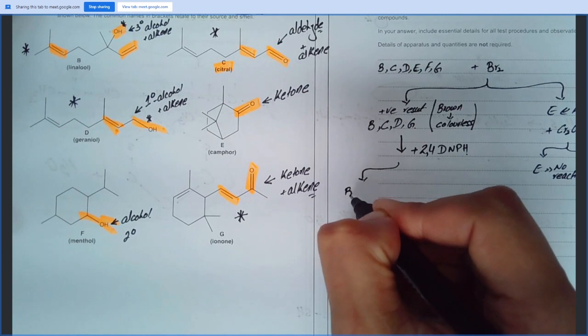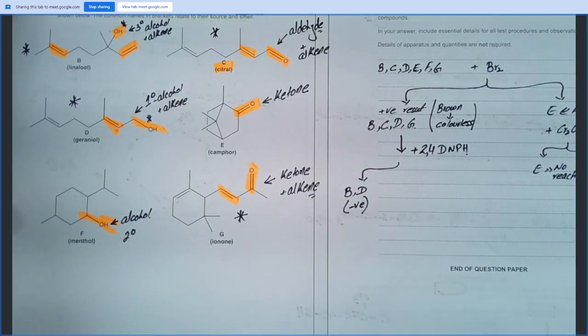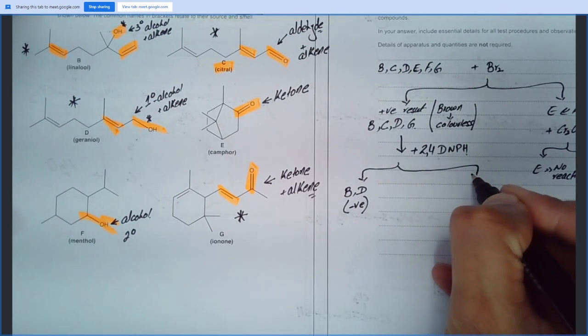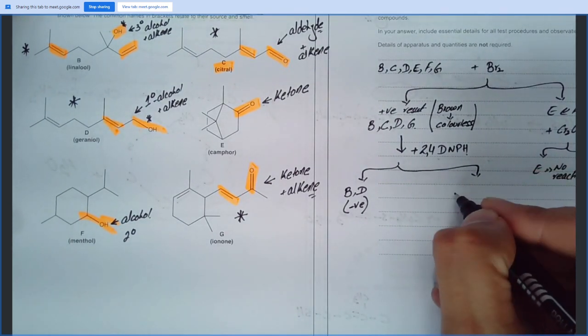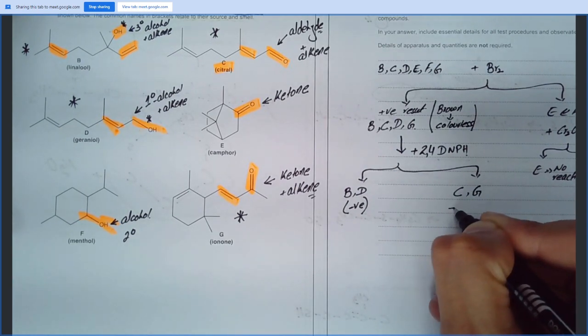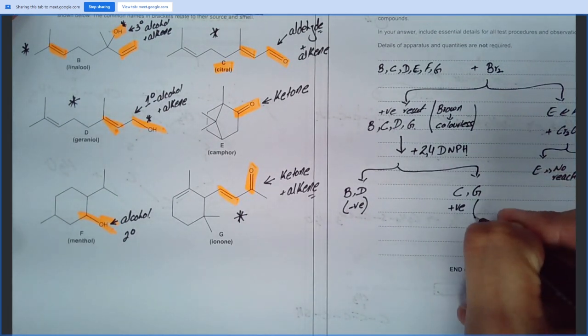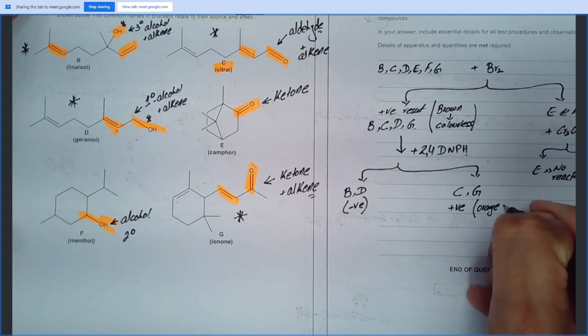B and D will give me negative results. However, C and G will give me a positive result. And what will happen? With 2,4-DNPH, it will form an orange precipitate.